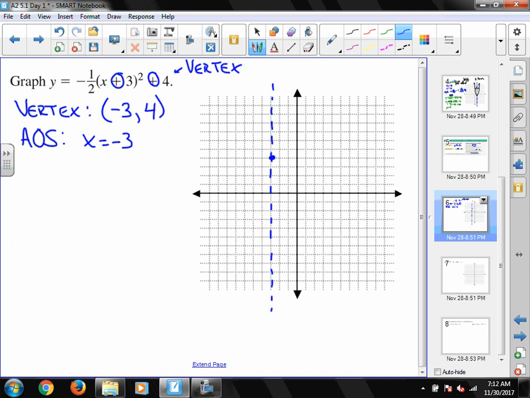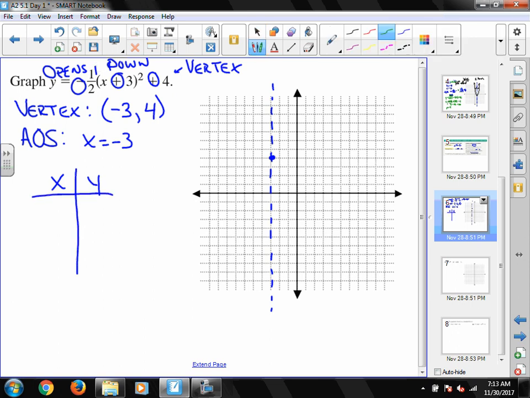One thing I like to do right away, after I get my vertex and my axis of symmetry, I look there. I'm going to say that this opens down because it is negative. Now, I just need to get some more points. Again, to get some more points, pick different x values. We're going to make our xy chart.